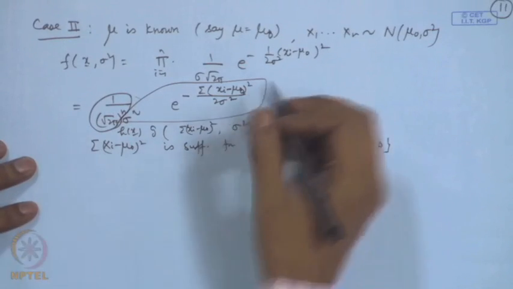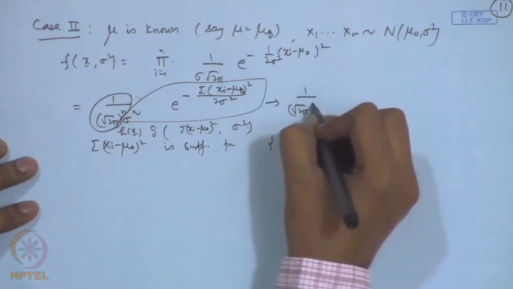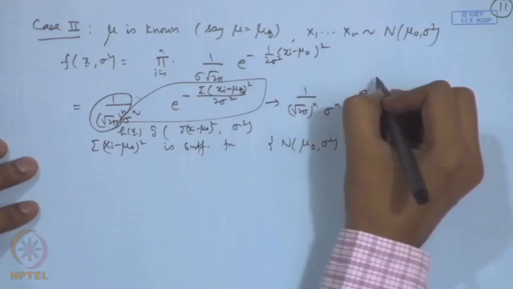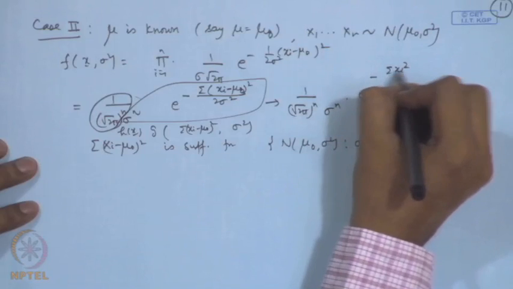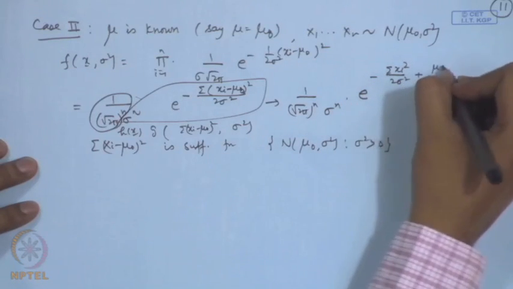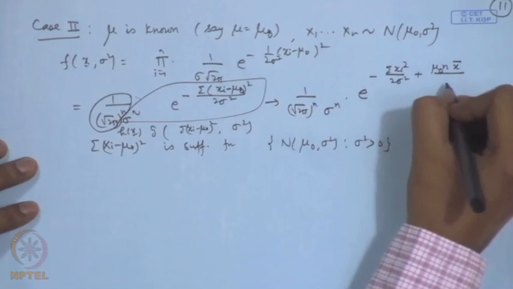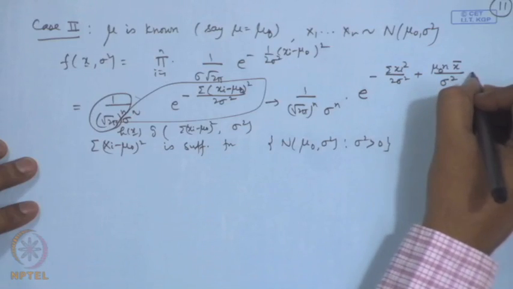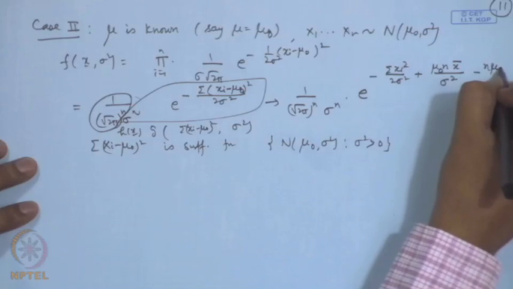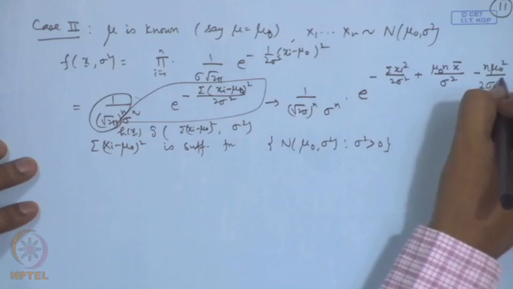Now, we may do this factorization in a different way also. We may write here 1 by root 2 pi to the power n sigma to the power n, and as before let us expand this. So, we get e to the power minus sigma xi square by 2 sigma square plus mu n x bar by sigma square, where this mu is mu naught here, and e to the power minus n mu naught square by twice sigma square.